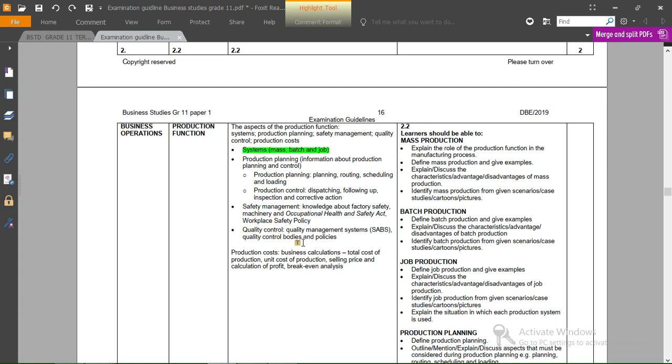And then the last thing is quality control. You need to control the quality of the products that you're going to produce, definitely, right? So those are the things that we'll be looking at under this topic. Today we are only going to look at the production systems first of all, and then next week we talk about production planning, safety, and quality control, and some calculations that we do there, right?